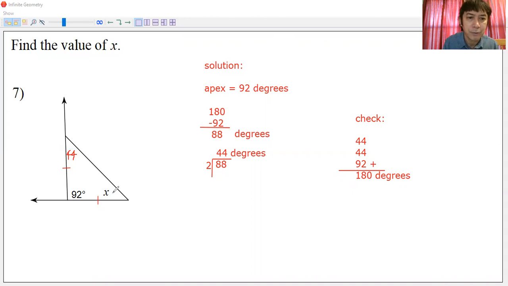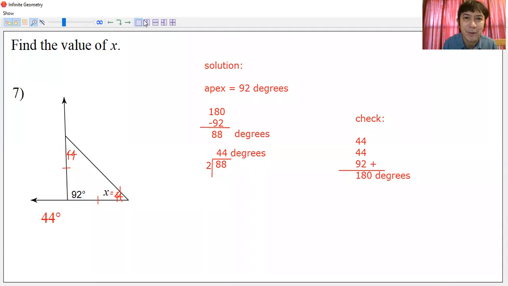So this x here is 44 degrees. Like that, okay? So it's 44 degrees and 44 degrees and 92. So the answer here must be 44 there.